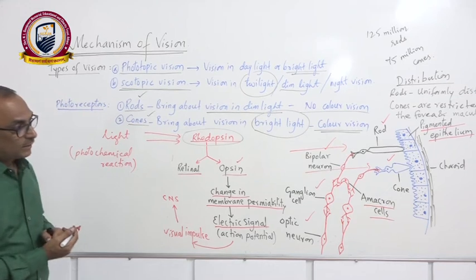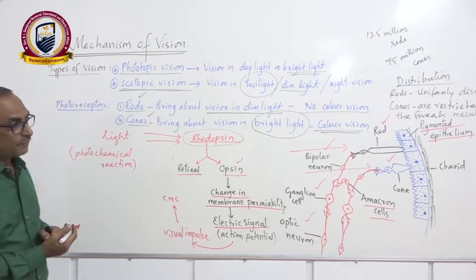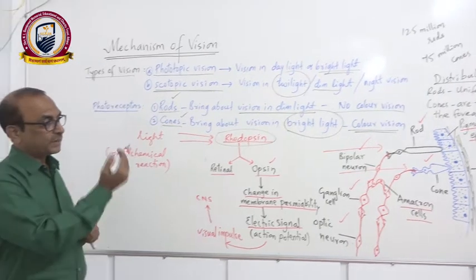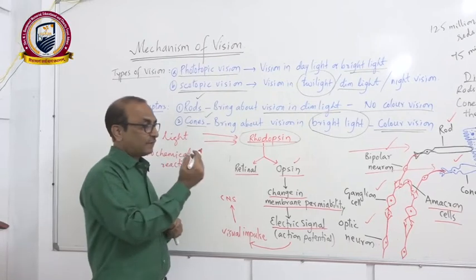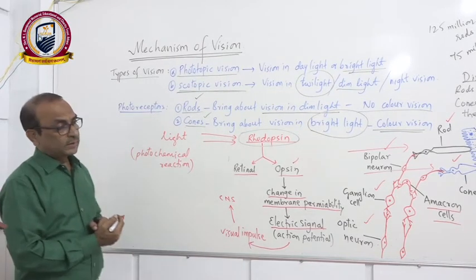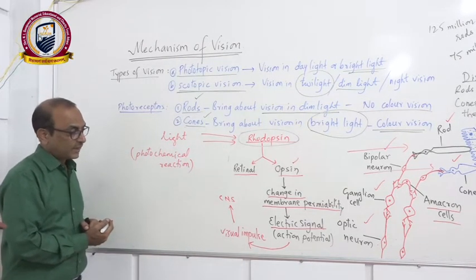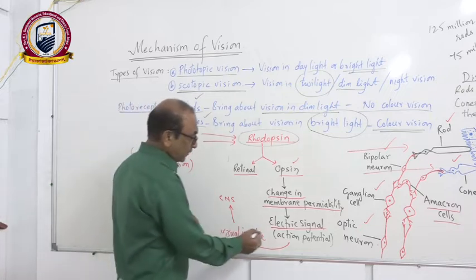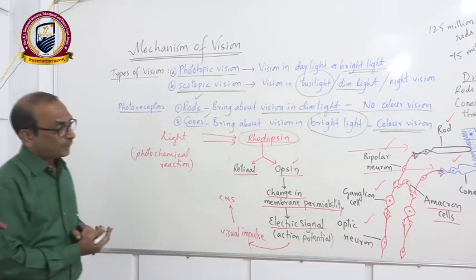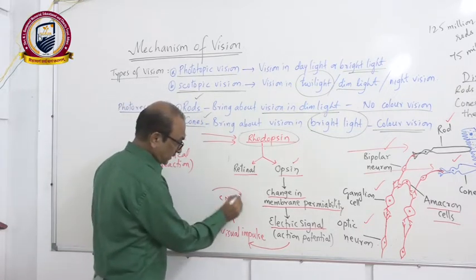by the bipolar neurons, and from the bipolar transmitted to the ganglion cell, and from there it is transmitted to the optic neurons, and that's why the visual impulse ultimately, through the optic nerves, reaches the central nervous system.